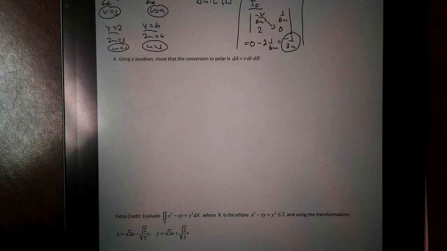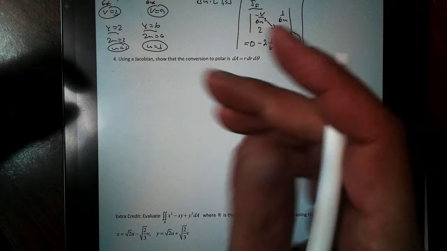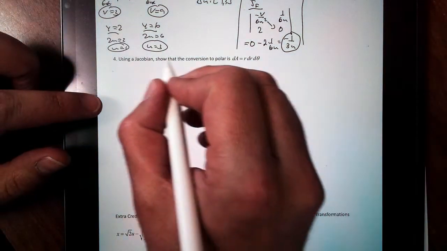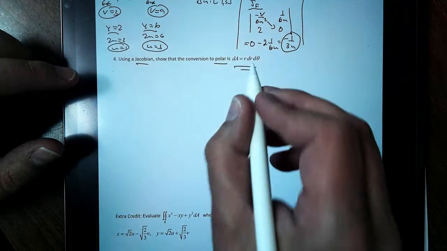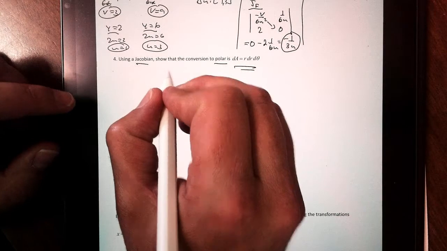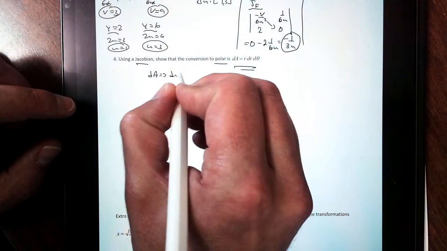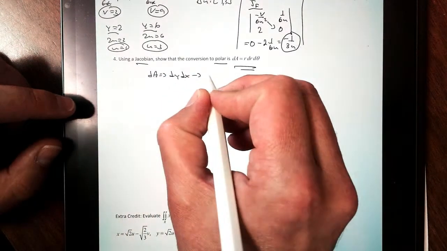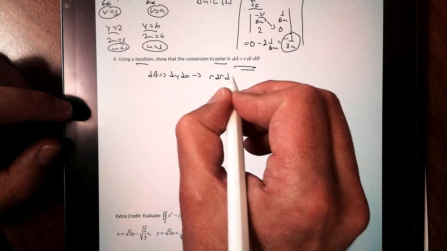All right, our last example. Using a Jacobian, we want to show the conversion to polar is dA equals r dr d theta. So we're actually going to prove using Jacobian substitution how we get the polar area. We know from earlier that if my dA is dy dx, if I convert that to polars, we get r dr d theta.